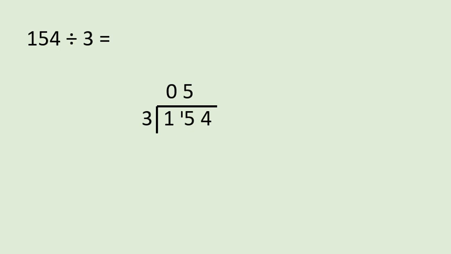How many 3s go into 4? 3 goes into 4 once, with 1 left over. So we will write 1 above the line, remainder 1. So 154 divided by 3 is 51, remainder 1.